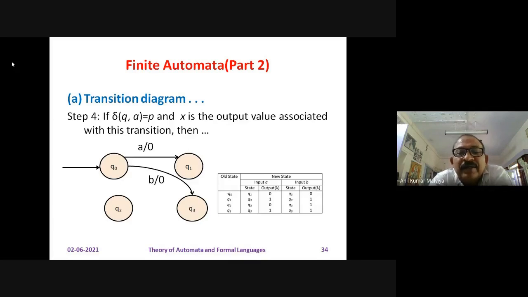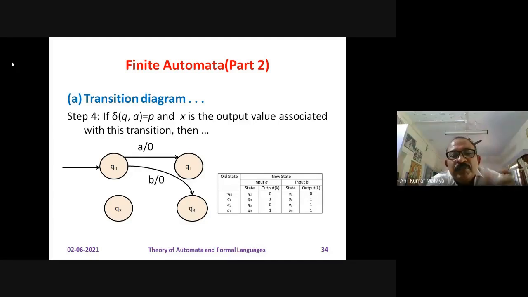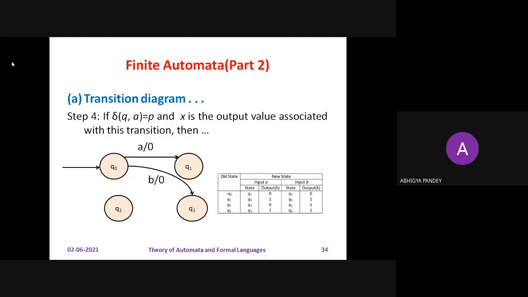Abhigya Pandey, can you give the answer of this question? Sir, machine is in state Q1, for example, input is A. Sir, one arc will be drawn from Q1 to Q3.